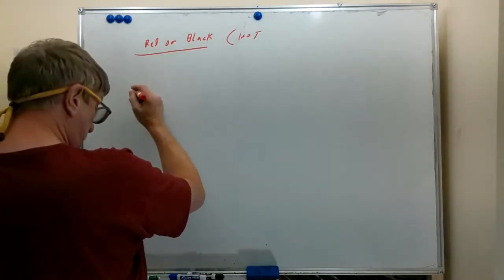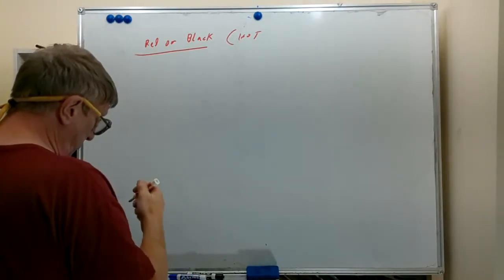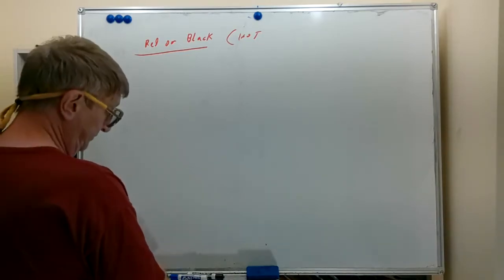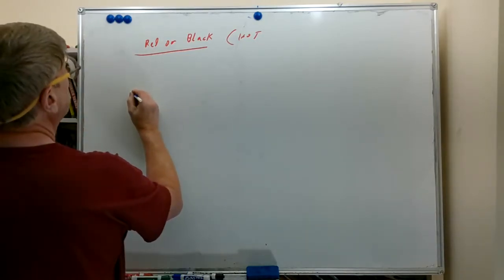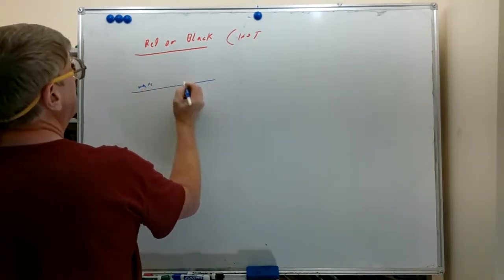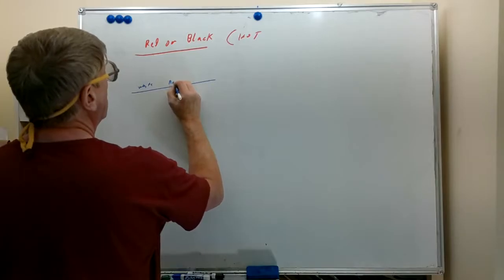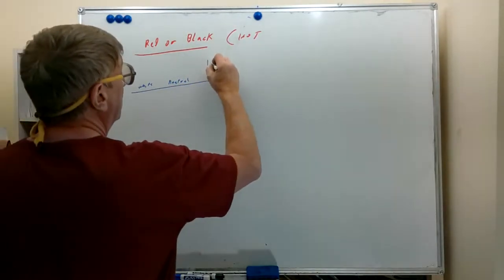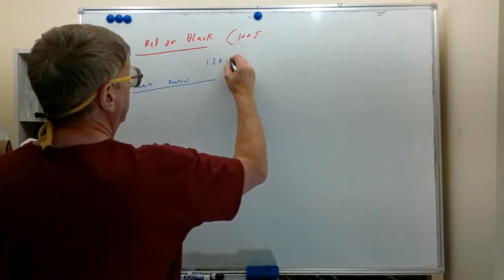And you'll have another wire. I'm going to draw this with blue because I don't have a white pen, but this is usually a white wire. And we call this the neutral. Got 120 volts AC supplied here, VAC.